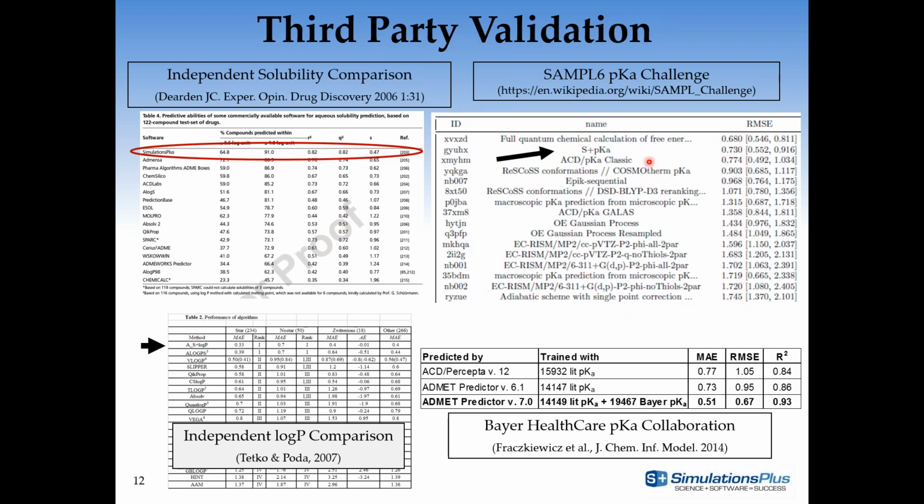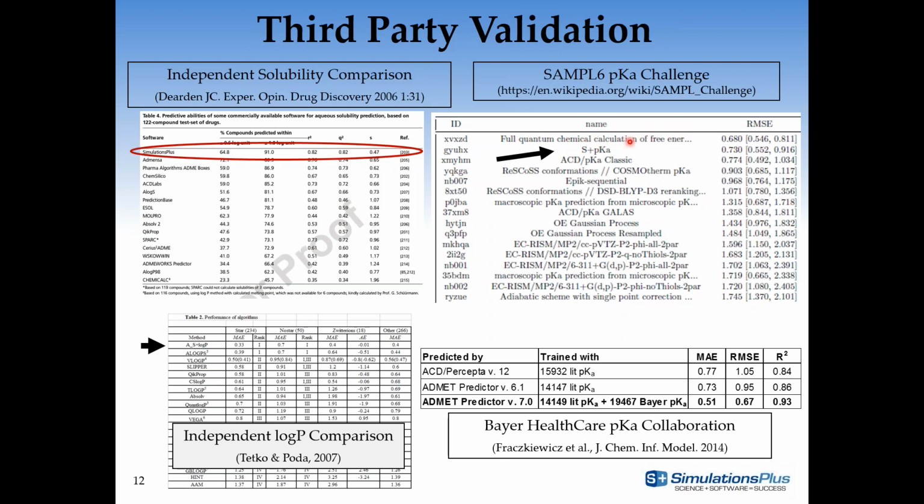I think I'll have to have one of the panelists correct me if this is not actually the absolute latest result. But the one that I'm aware of is that the only predictive software to outperform ADMET Predictor was one that was based on a full quantum chemical free energy calculation.